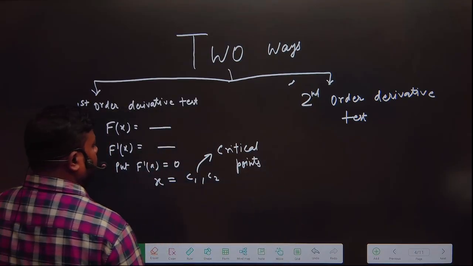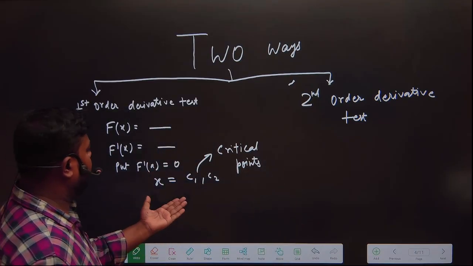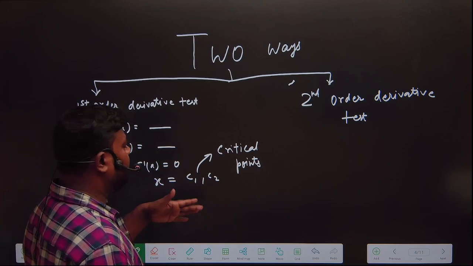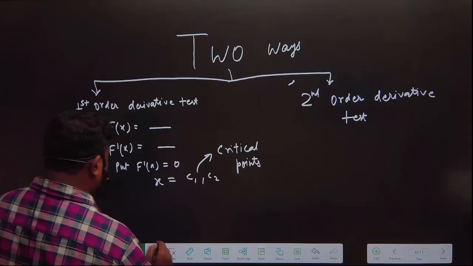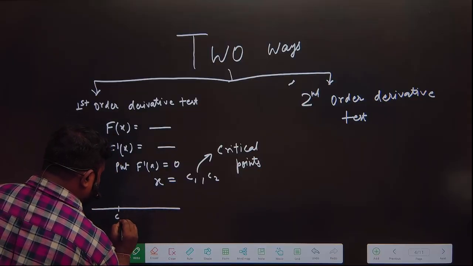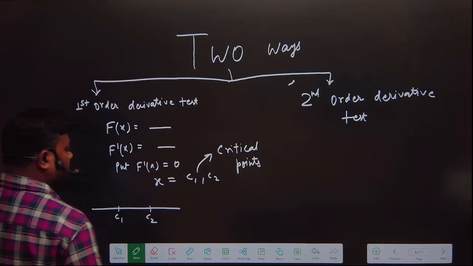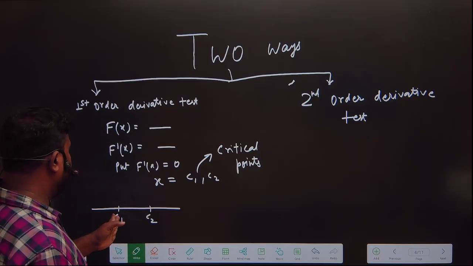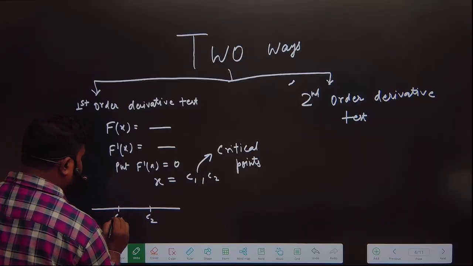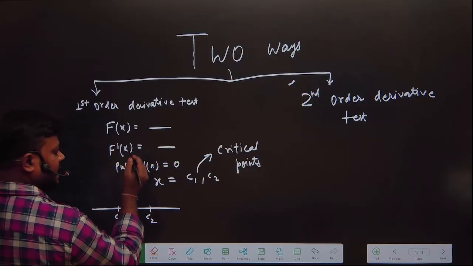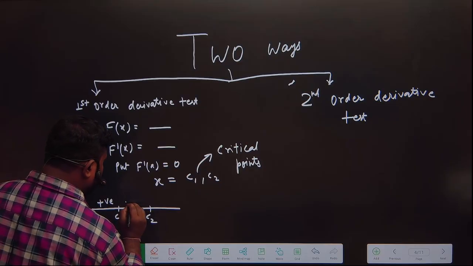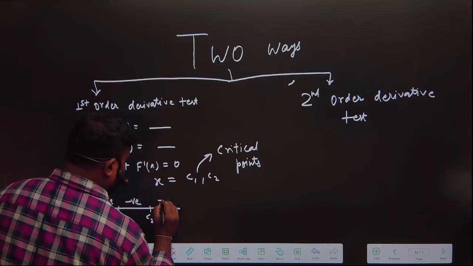But how can we understand at which values of x the value is maxima or minima? See, just write here c1 and c2. Now take a value less than c1. Here, when we put this value in f dash x, we get positive. In between c1 and c2 it gets negative, and after c2 positive.